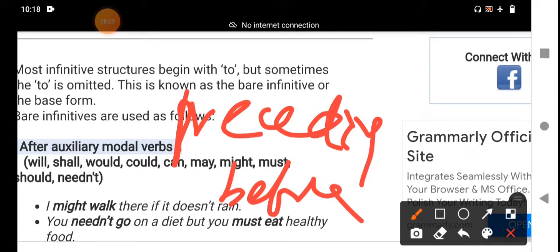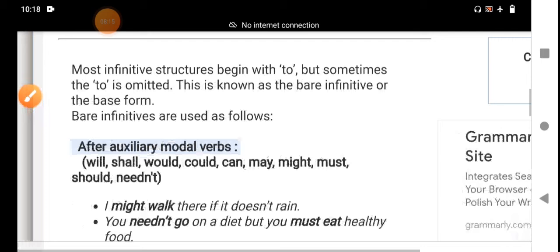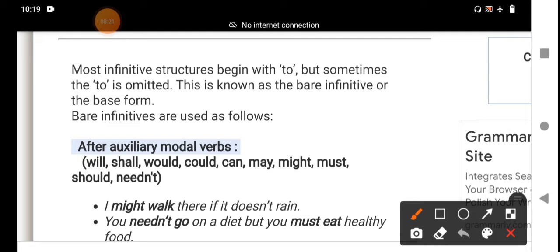What are the functions of the zero infinitive? Rules regarding zero infinitive or bare infinitive. First one is after the modal auxiliary verbs. Already I have mentioned shall, should, will, would, can, could, may, might, must, ought, need, used to, dare.